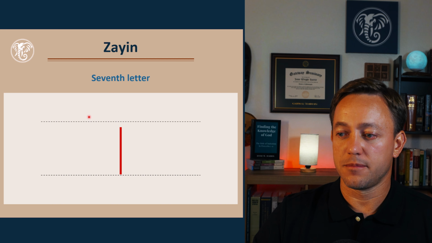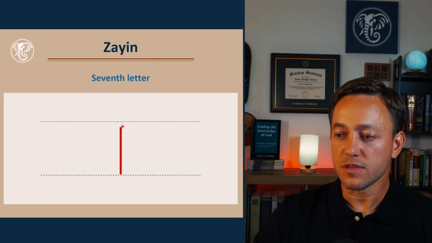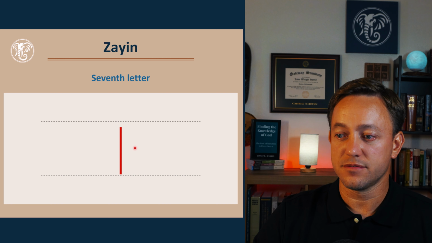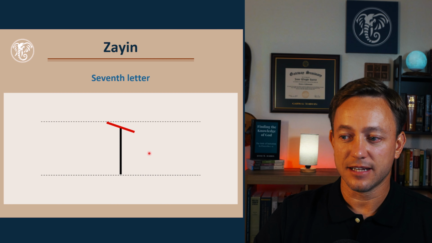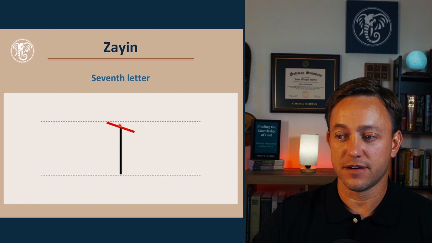So within our space between the lines here, you will just make one stroke vertical, very similar to the Vav. However, the Zayin is unique in that there is a very important piece on the top here, okay?